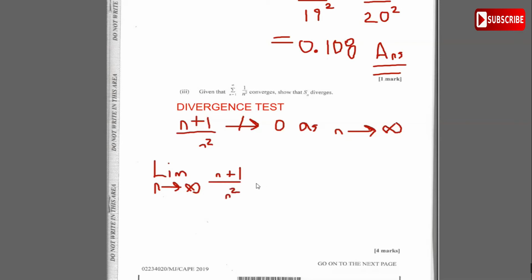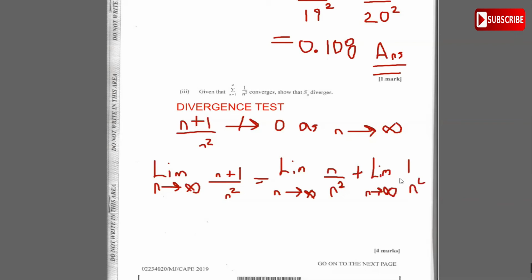this is going to be equal to the limit as n goes to infinity of, separate it as 2 fractions, it is now n over n squared, plus the limit as n goes to infinity of 1 over n squared.